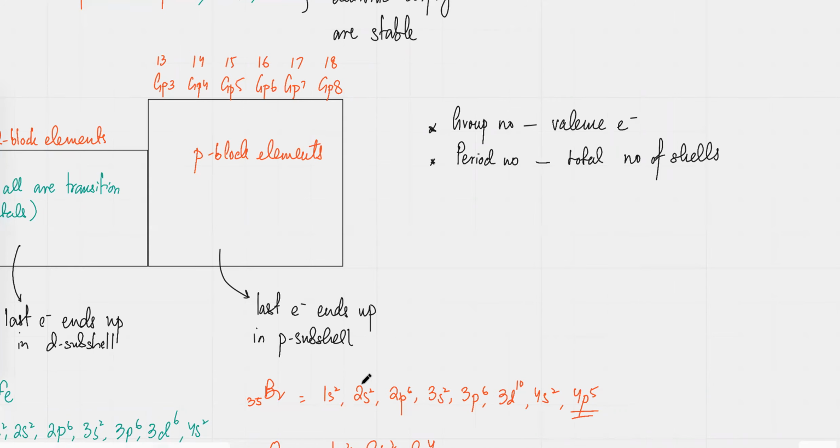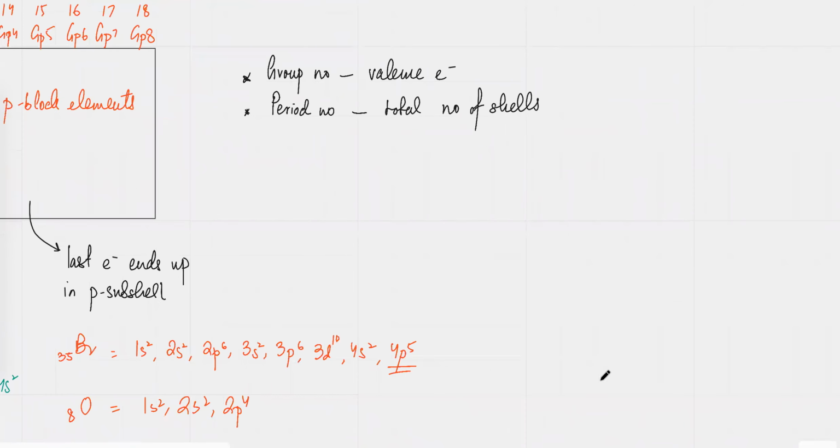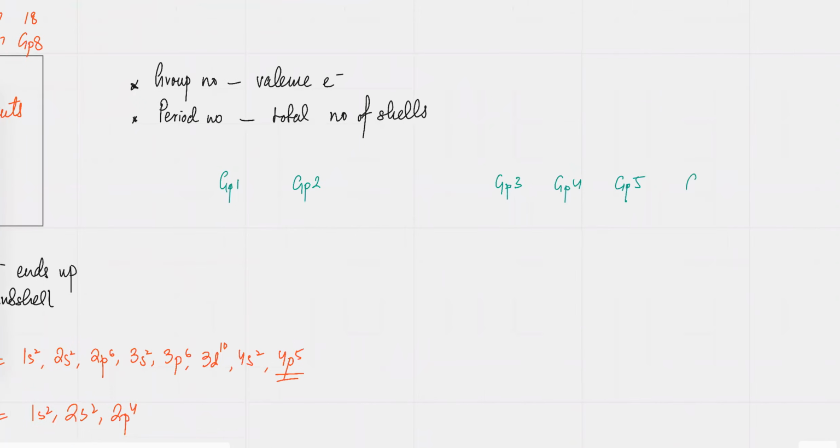Now, in this electronic configuration, you also get some information. Every time the electronic configuration of the outermost, so this is group 3, 4, 5, and you have 6 and 7.